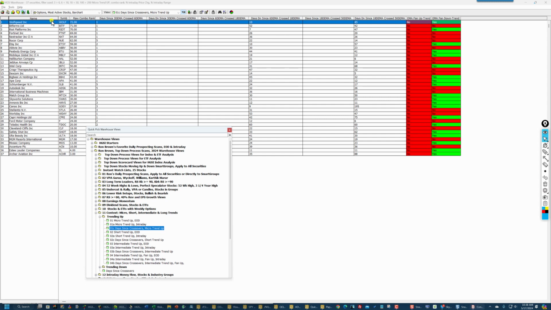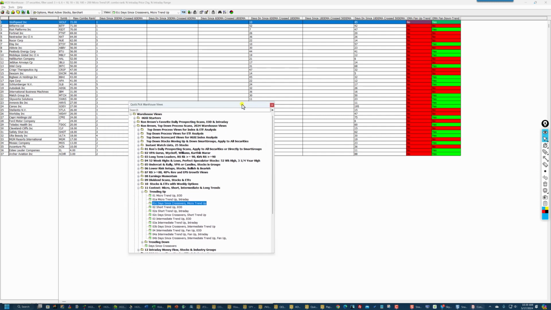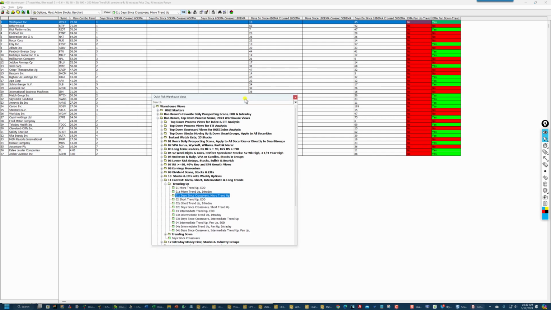So only these stocks here have crossed over on the 3 above the 6, but they have not crossed over on the 6-18 and the 18-50. And then I put the fans over here so you can see if the fan is up or down, and you can see there are no stocks here with a positive fan trend to the upside, is what I'm trying to say here. But let's go down here to the bottom.